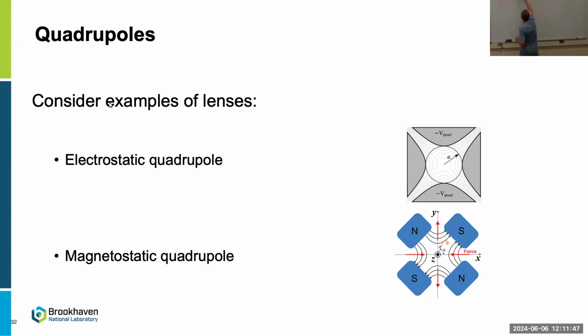So just to remind you that the field in the gap here, Bx equals minus g times y, and By equals minus g times x, where g is the gradient measured in Gauss per centimeter. So the field here, let's say, is 0 at the center.